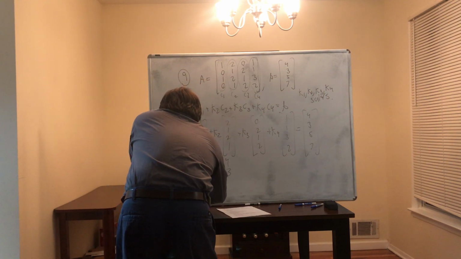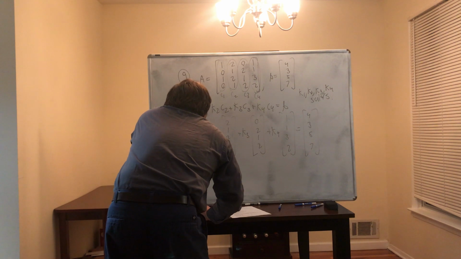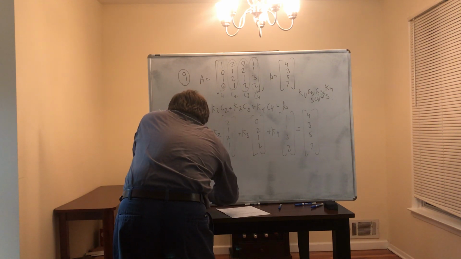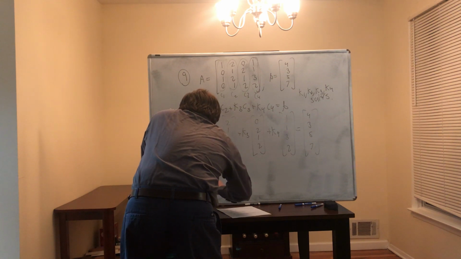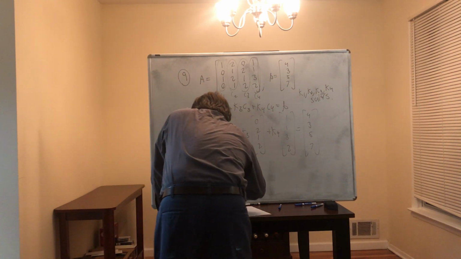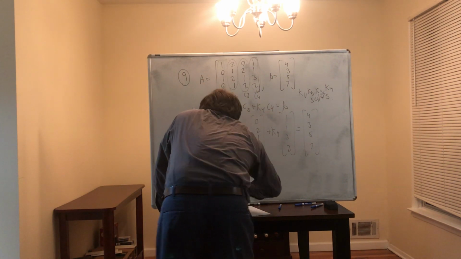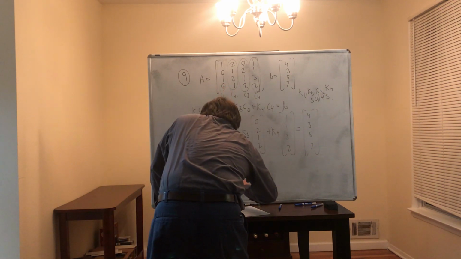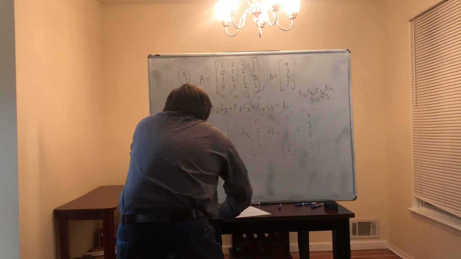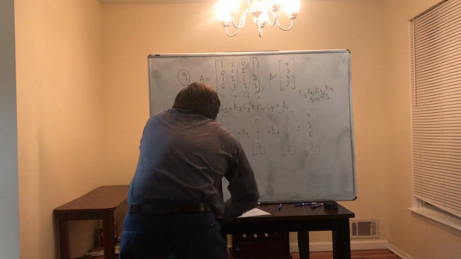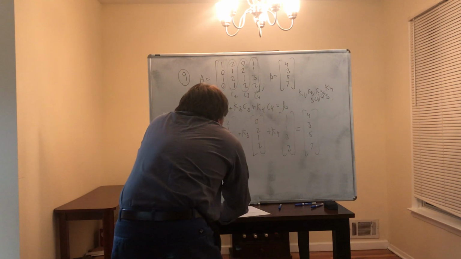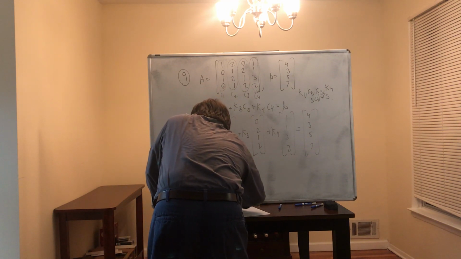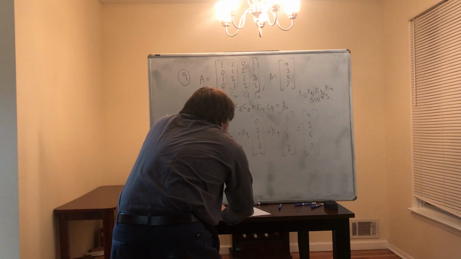You get K1 plus 2K2 plus K3 plus 3K4 is equal to 5. And K2 plus 2K3 plus 2K4 is equal to 7.